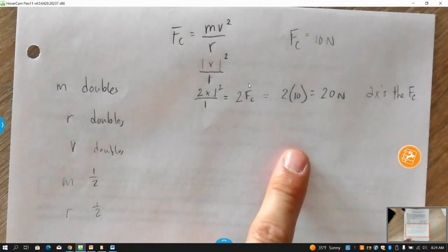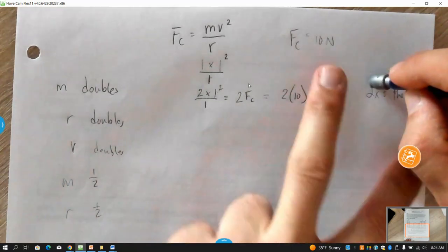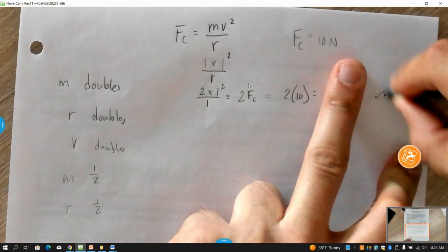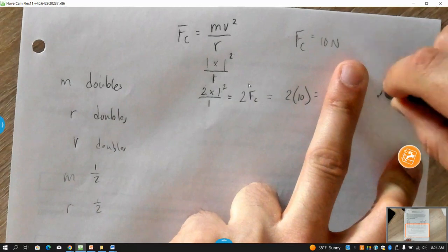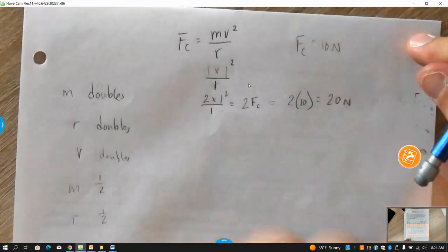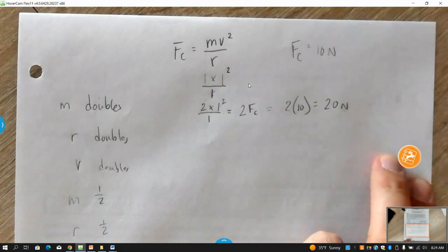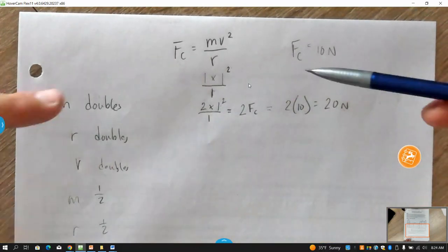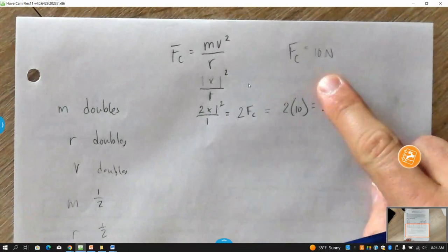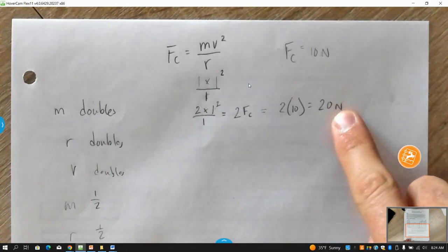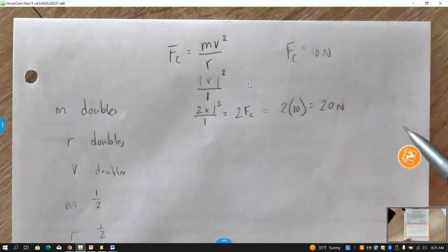They're telling us in that problem that the centripetal force is 10. So I just wrote 2 times Fc and plopped in the 10 they originally gave us. It's still the same thing. If we double the mass, the original centripetal force would now be 20, and it doubled.